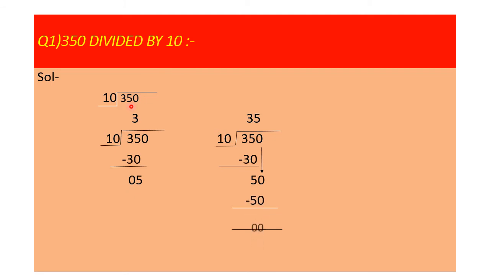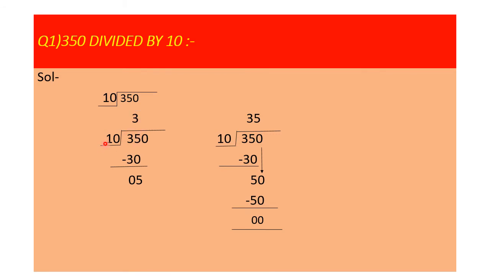So this 3, which is the quotient when we are dividing 35 by 10, we will start writing from the tens place. Okay, not from the hundreds place, because we have included 5 also. Right. So the quotient will begin on the tens place.